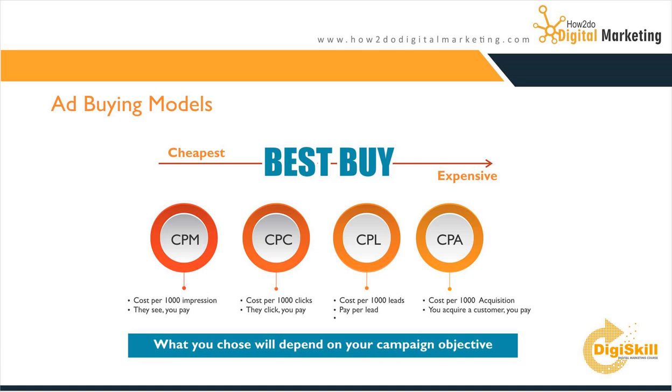CPL is cost per lead, which means that if somebody fills up a lead form, then only you pay. And CPA is cost per acquisition, which means that when you acquire a customer or he does a particular action, you end up paying. What you choose will depend on your campaign objective. For more details on these ad buying models, please listen to or download our episode 3, which talks about digital advertising.